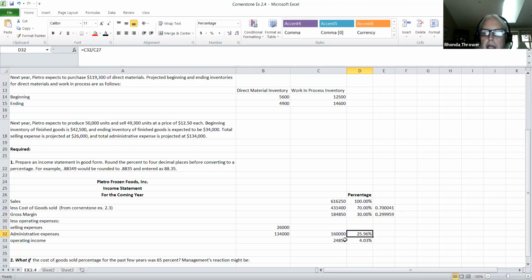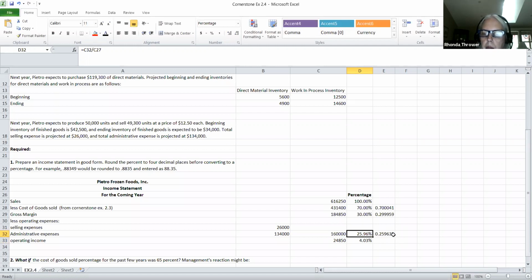You're also going to be asked to calculate the percentage for your total operating expenses. So what you would do is take your total cost of your operating expenses, divide it by your sales amount, and that will give you the decimal portion of this. But they want you to convert it to a percentage. And so this is the percentage that they want you to enter into Cengage.